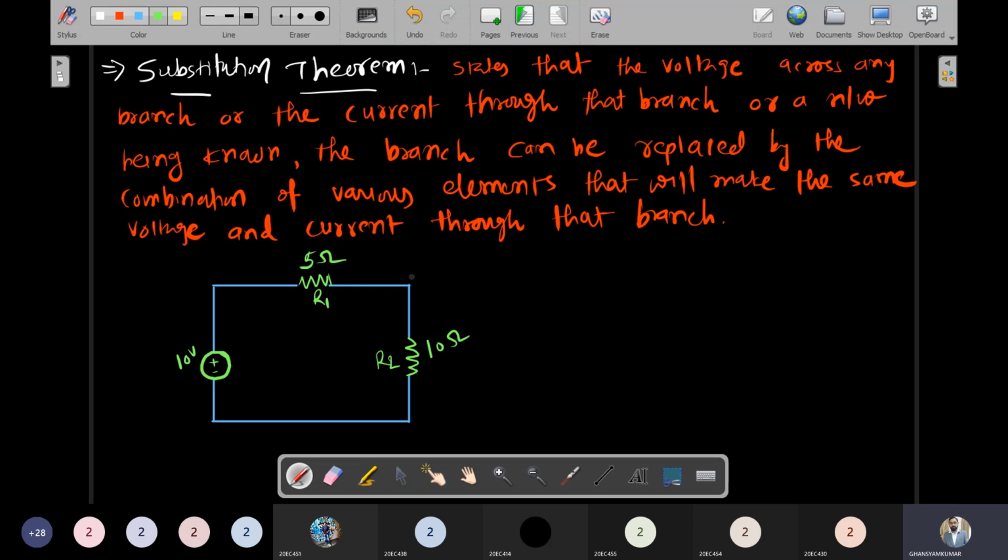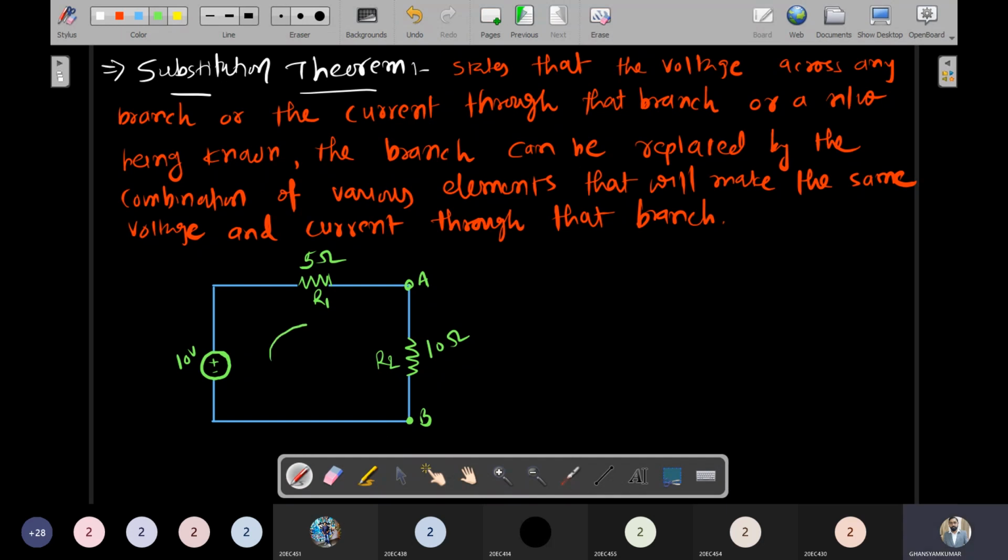Now I want to replace this branch using the substitution theorem. Suppose this is branch AB. I'm going to draw a new network, but its property should not be changed. So before replacing this, I need to know the voltage across these two terminals, ultimately the voltage across R2.